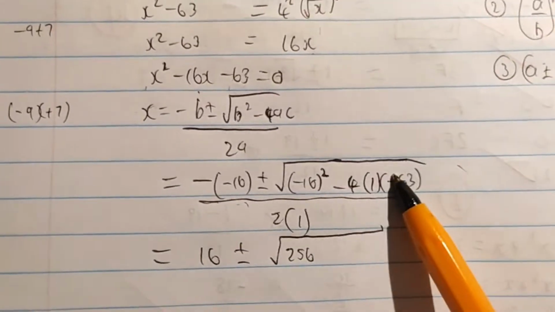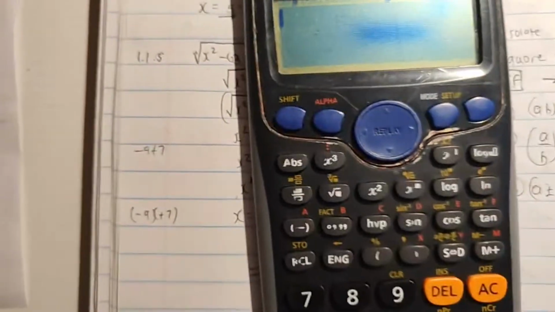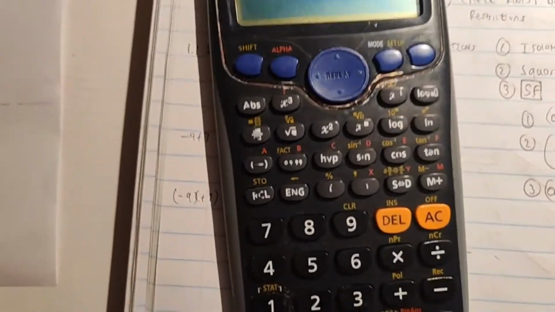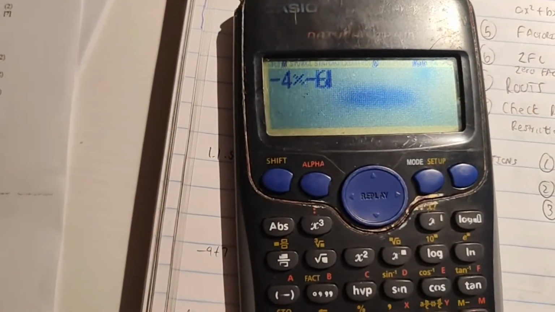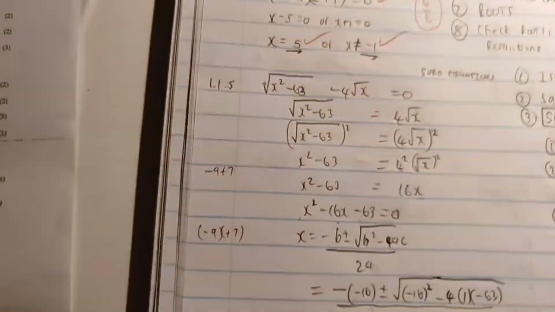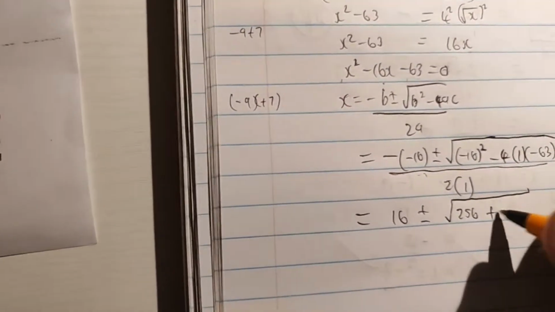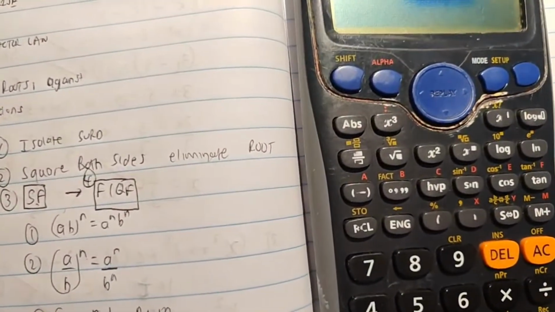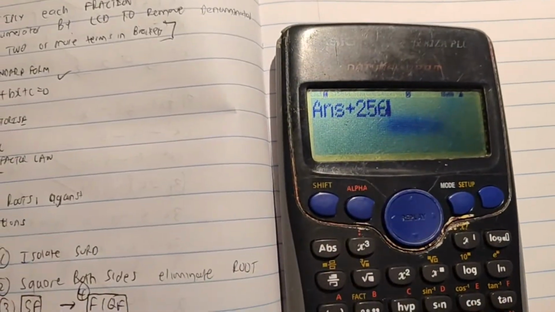Then negative 4 times 1 times negative 63, back to the quadratic formula. Negative 4 times the 1 times the negative 63, we get positive 252, all over 2. Adding 252 and 256 gives us 508 underneath the square root.